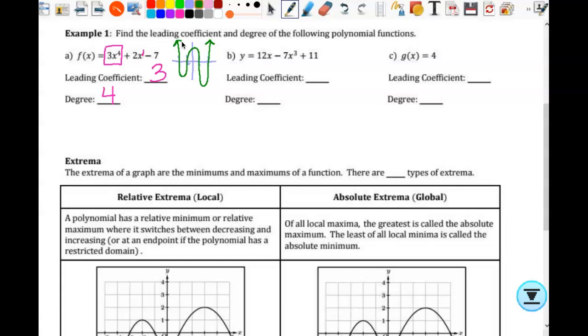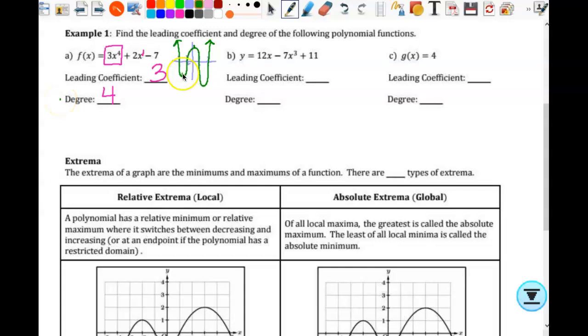So with that being said, we're going to talk about turning points, and that actually comes a little bit later in the lesson, but I want to talk about it with this, plus we've already talked about the other things, so it's fine. If I start here with my function, my function is decreasing till I get to here, right? Then I'm increasing to here, then I'm decreasing to here, then I'm increasing. When I change from increasing to decreasing, that's a turning point because I literally turned around and went the other way, right? So I have a 4th degree.